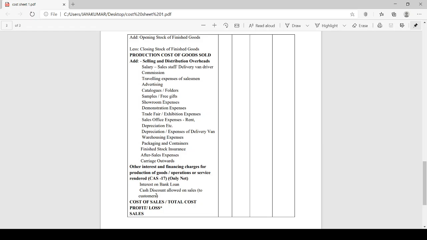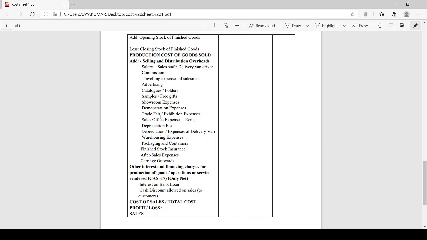And cash discount allowed on sales, any cash discount which is being given to the customers, that will also be considered here. So earlier these two items were not considered, so Cost Accounting Standard 17 has brought these two items here: the interest on bank loan taken for production purposes, and cash discount allowed on sales. If you refer to any old books, then we will not see these items. So it is from the year 2014.